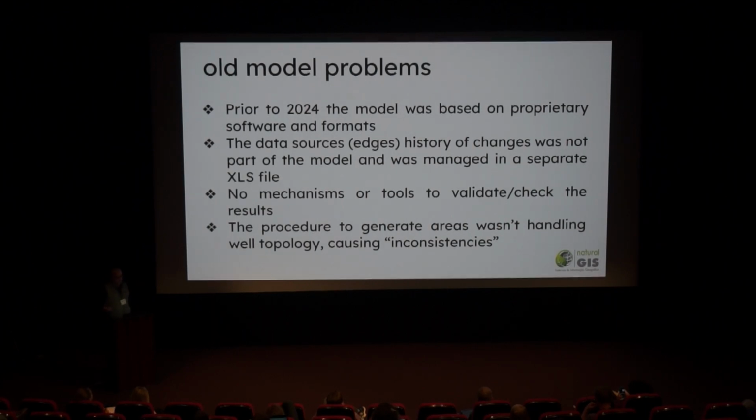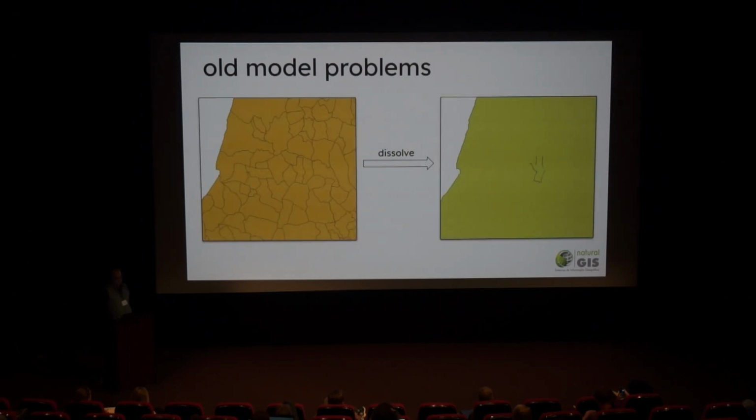They had no mechanism or tools to validate the results, and the GIS software they were using was not handling topology very well, the topological relations needed in such a model.